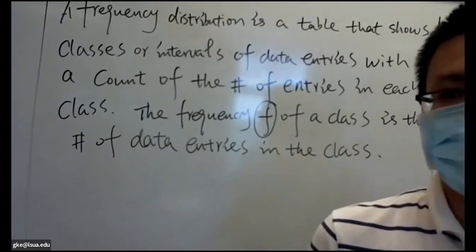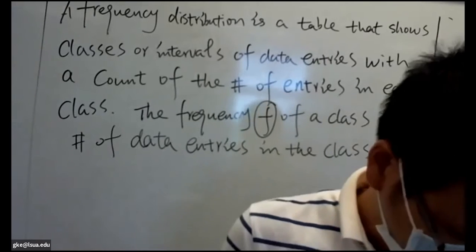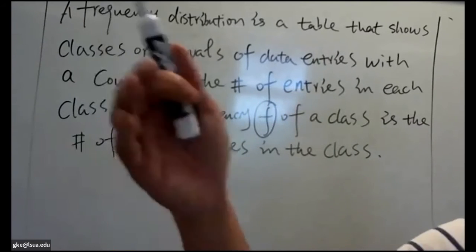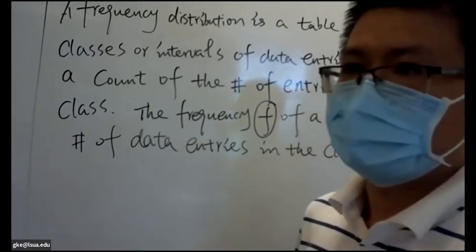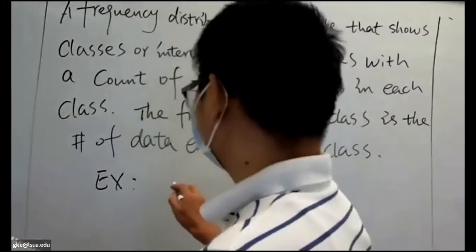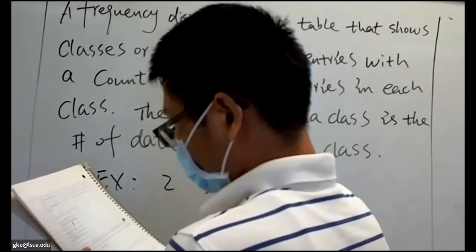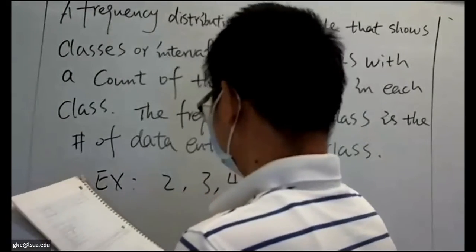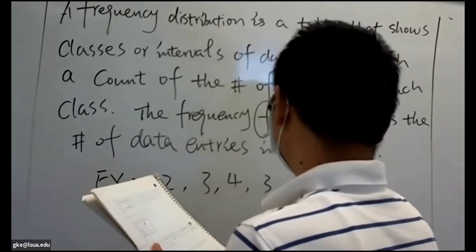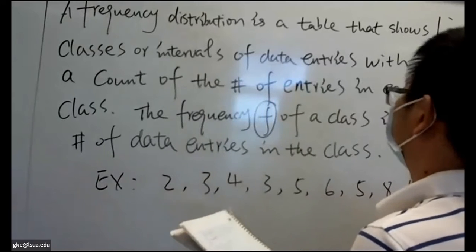Okay, let's take a look at a specific example. For example, I gave you a bunch of data: 2, 3, 4, 3, 5, 6, 5, 8, 4.